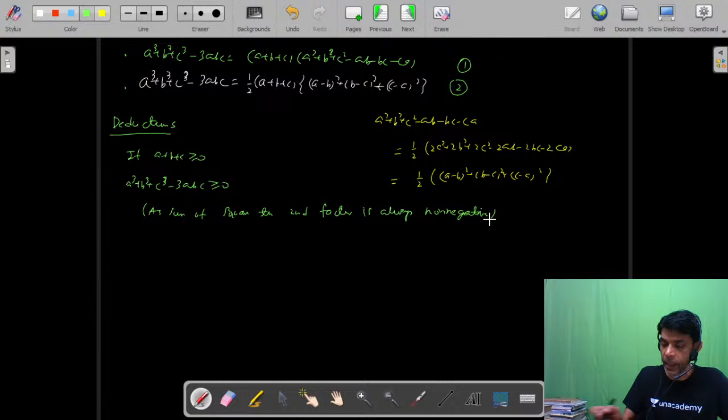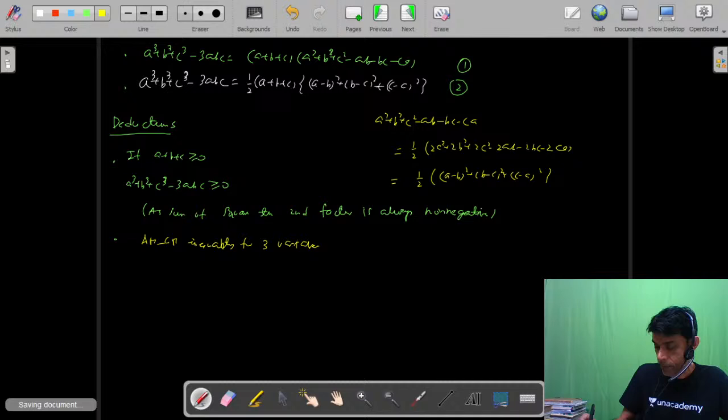If a, b, c all are positive, then of course things are positive, and that can constitute a proof of AM-GM. If you want to prove the AM-GM inequality for three variables, it's a tough proof for people.